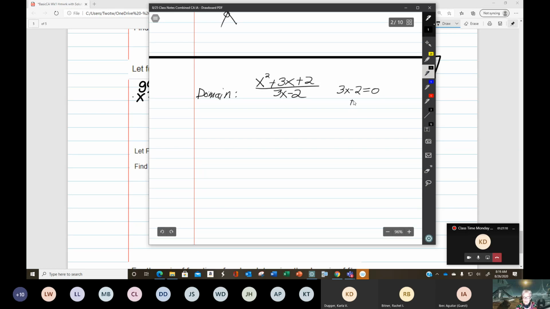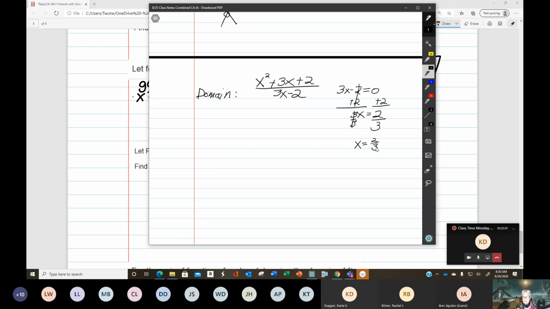So I add 2 to both sides. Because negative 2 plus 2 is 0, that leaves me with 3x equals 2. And I divide both sides by the number in front of x. So they cancel out over here. That leaves me with x equals 2/3.